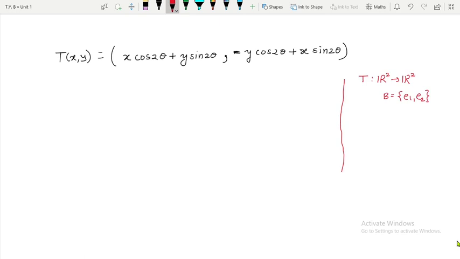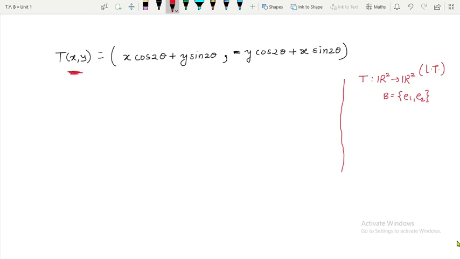If I want to write this linear transformation, obviously the given map should be a linear transformation. Any linear transformation can be represented in matrix form in linear algebra. We already know that this T(x, y), the reflection map, is a linear transformation, so that can be done for this T(x, y).